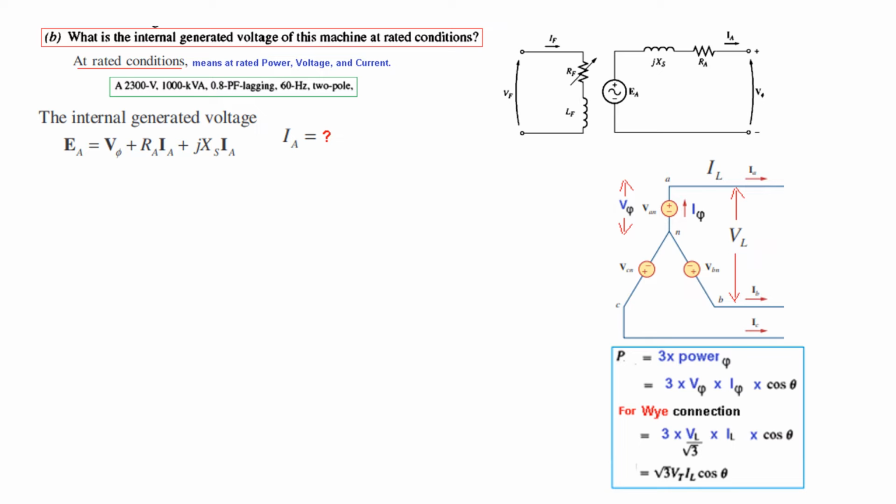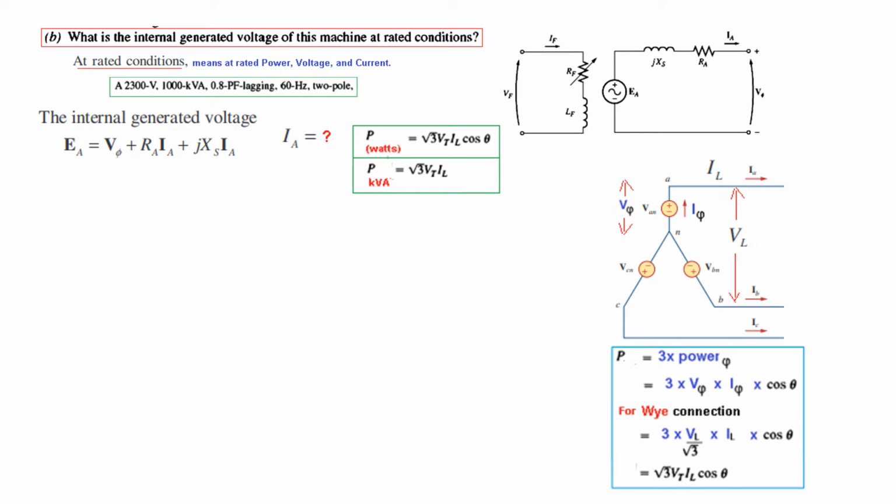Now we want to find IA. There are two scenarios. One is the power in watts. If it is given, then we'll use this formula, root 3 Vt IL cos theta. But if the power is given in kVA, which is towards the input side, then we will only use root 3 Vt IL, not the cos theta. In this case the power is given in kVA, so we'll use this formula.